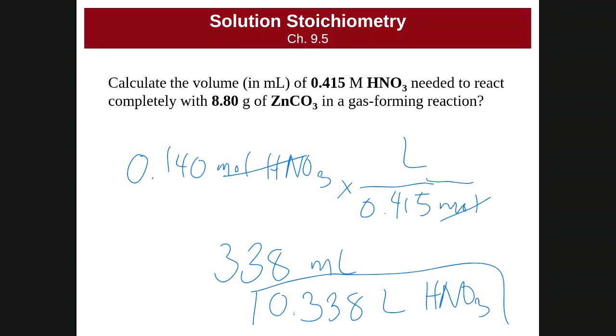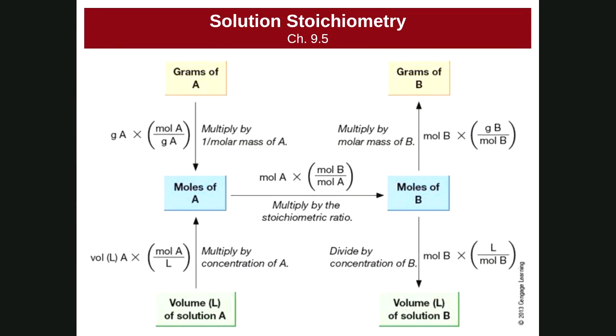All right, great. So here is an overview, a summary in graphical form of solution stoichiometry. If you have grams of A and you want a volume of solution B that reacts with grams of A, which is what we did in the last problem, we used our molar mass of A, our molar mass of zinc carbonate, to find the moles of zinc carbonate.